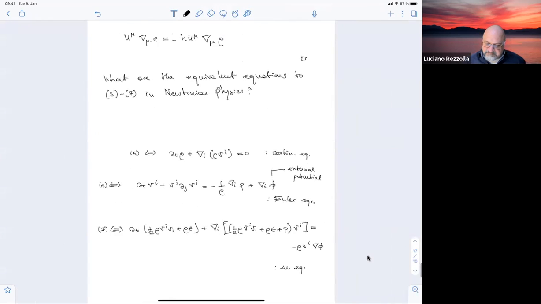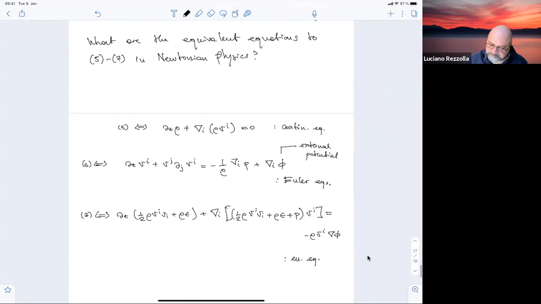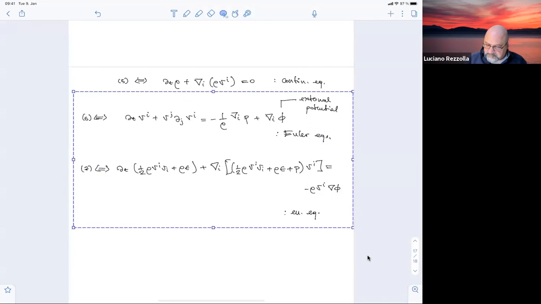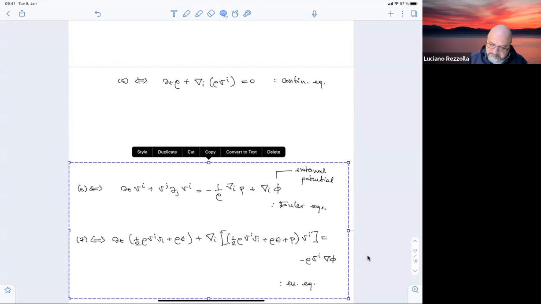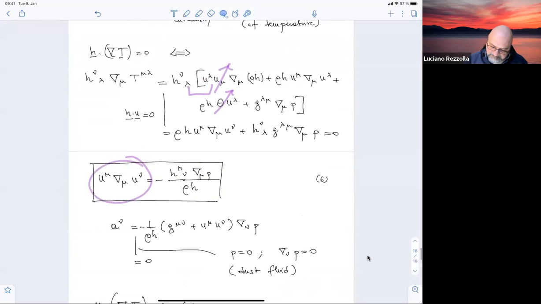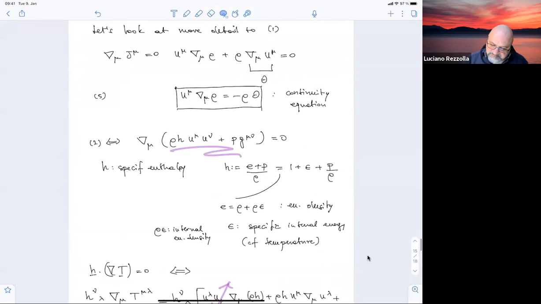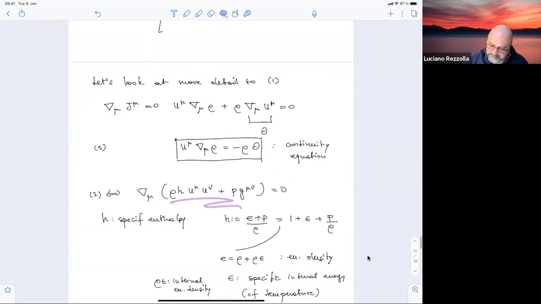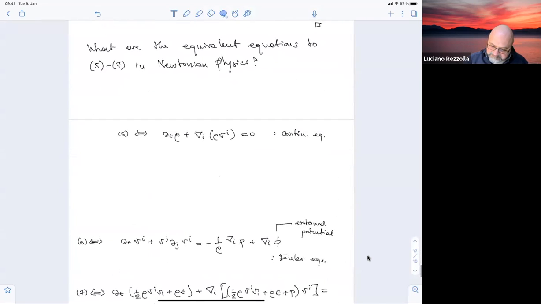Let's see if we can... This is one of the things that I can do on an iPad that I couldn't do on the blackboard, but since I can do it, why not do it? I will just copy it so that we can see them side by side.